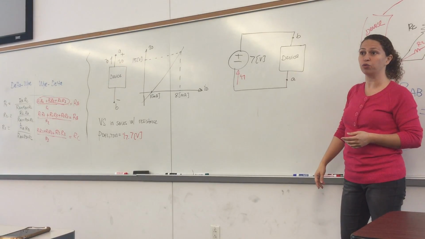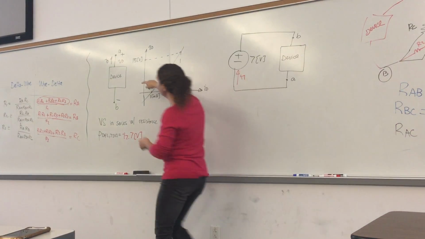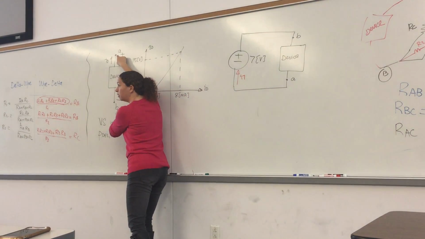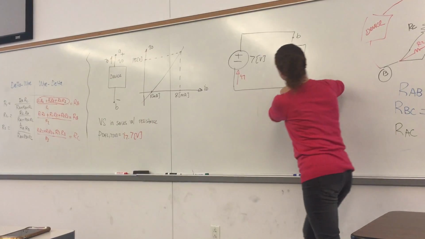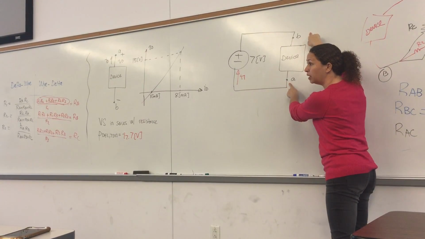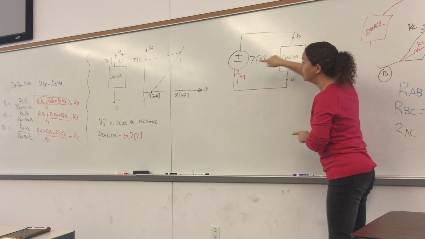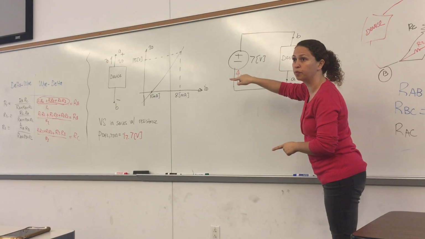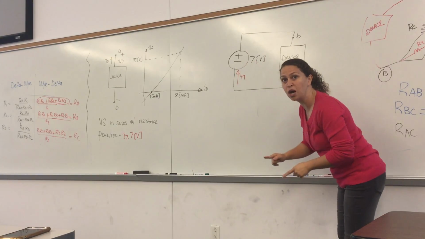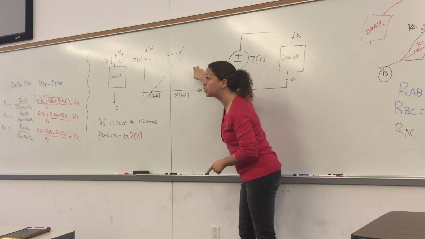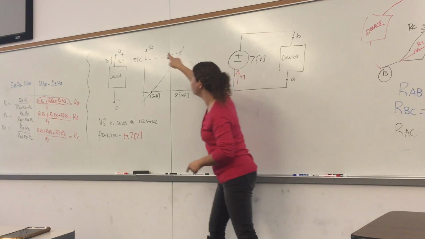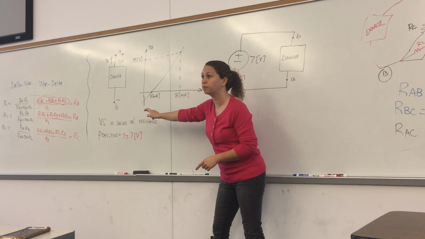That's minus 7 volts. VD is defined from A to B. So A is here, B is here, so VD for that device is negative 7. Now the question comes down to, for that VD-ID graph, what is ID for VD being negative 7?